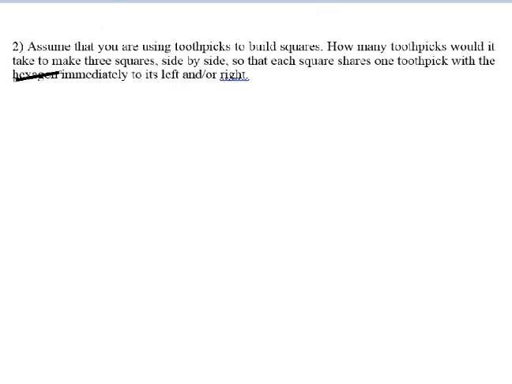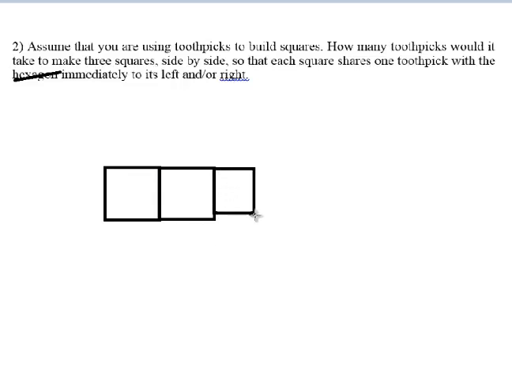Okay. So what you can do is just take out your pen and draw 3 squares side by side, and assume that each line segment is a toothpick. You can draw this freehand relatively easily as well. If you have 3 squares side by side and each side was a toothpick, how many sides are there essentially?